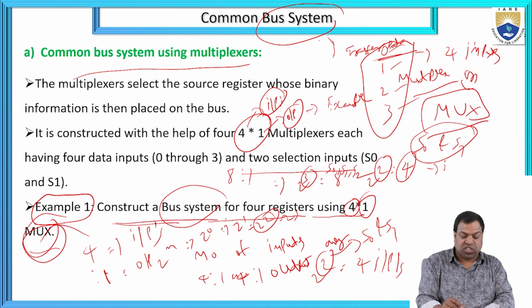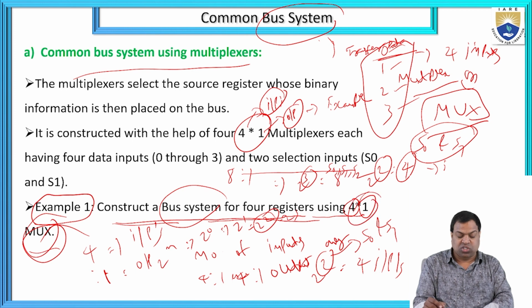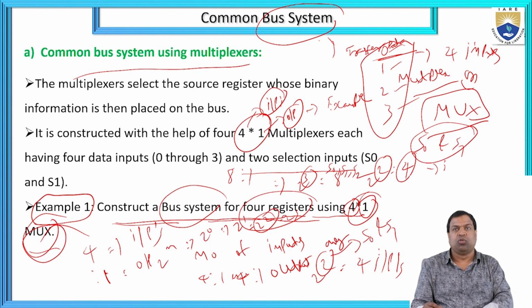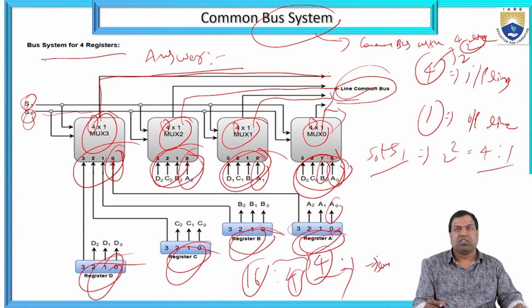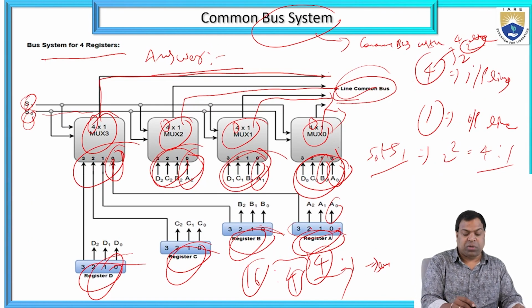Here I am using multiplexers to construct the bus system, a 4:1 multiplexer for the 4 registers. 4:1 means 4 inputs and 1 output. A multiplexer, or mux, has a number of inputs and only one output. Here I take 4 multiplexers: mux 0, mux 1, mux 2, mux 3, each with 1 output line.